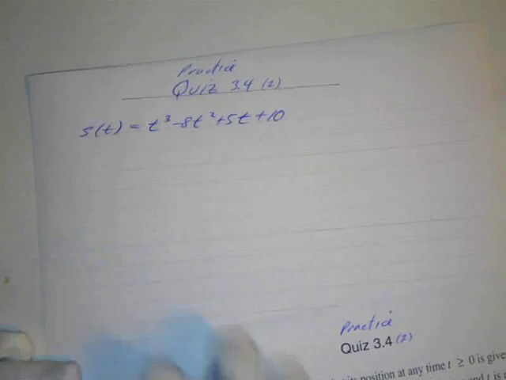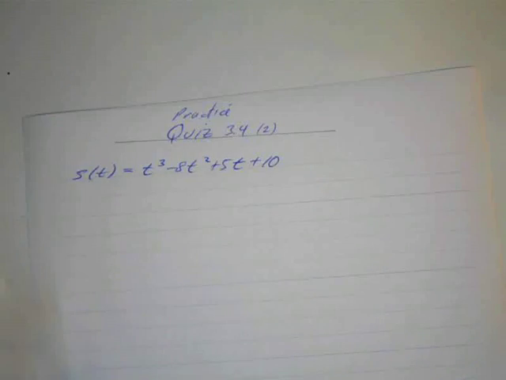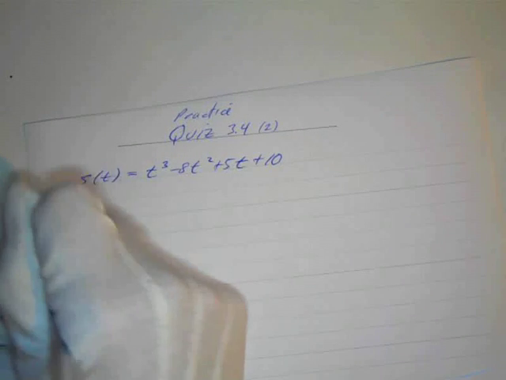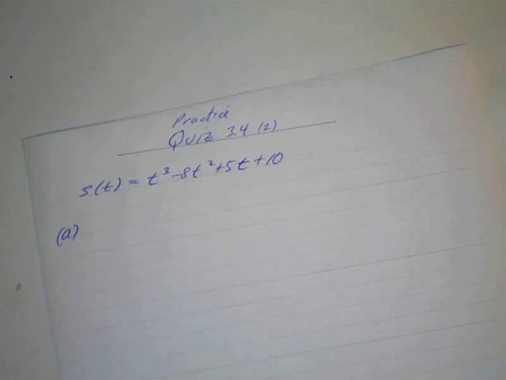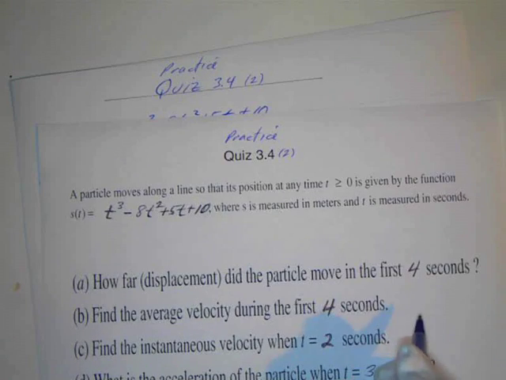So it's going to be letter A over here. Let's do our work here. Remember, the displacement is just on an interval, and we're looking at the first 4 seconds, so we're going to be from 0 to 4.